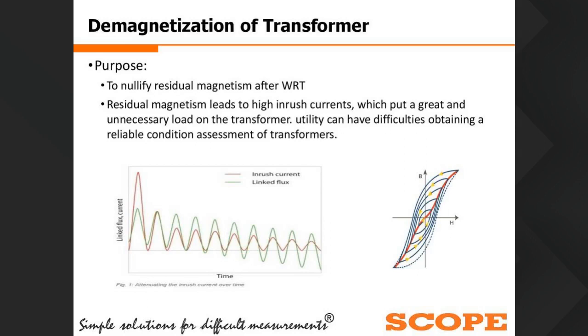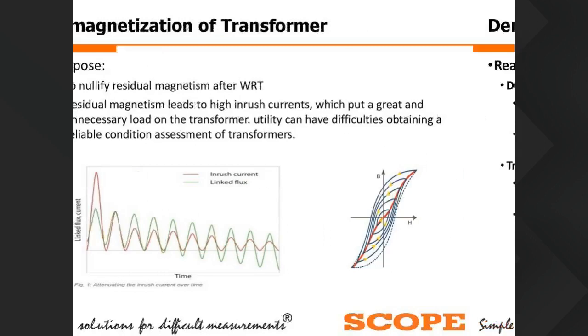Whatever residual magnetism, residual flux occurs in a winding, we need to nullify with the help of demagnetization. Residual magnetism leads to high inrush currents that will put a great and unnecessary load on the transformer and will damage the transformer. Because of that, we need to do the demagnetization test.